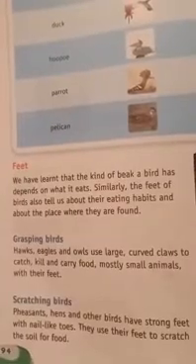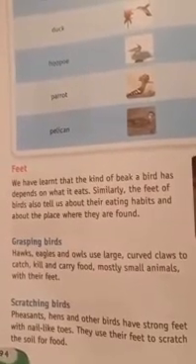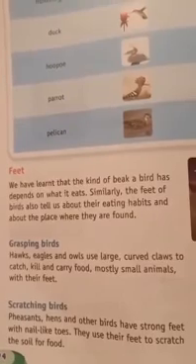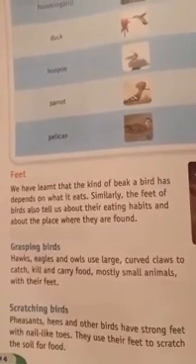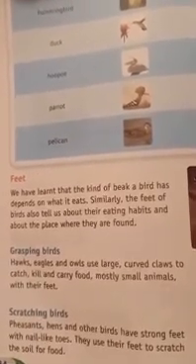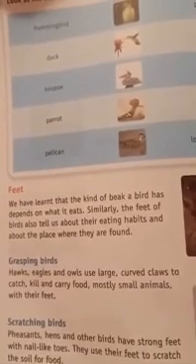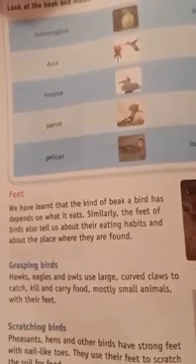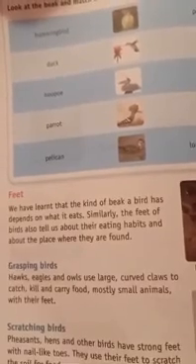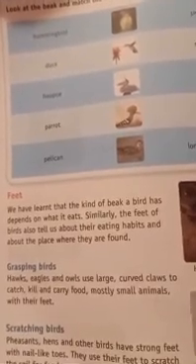And next is about the feet of a bird. In the previous batch, you have learned that all the birds have different types of beaks that depend on what they eat, right?